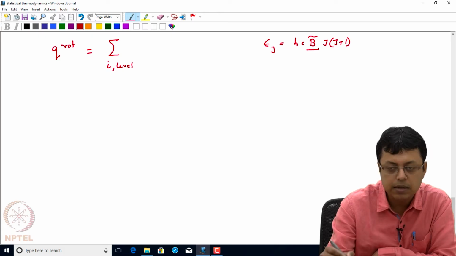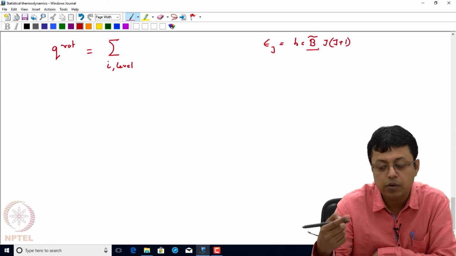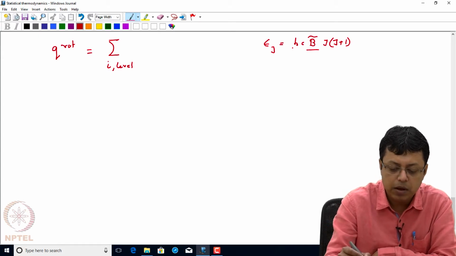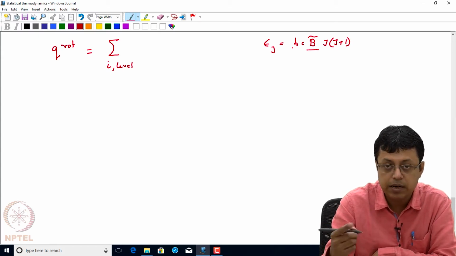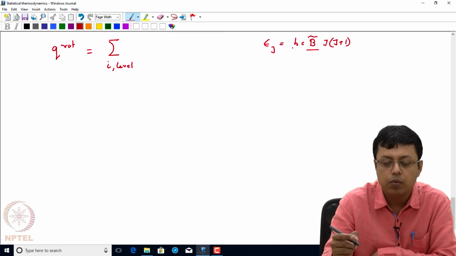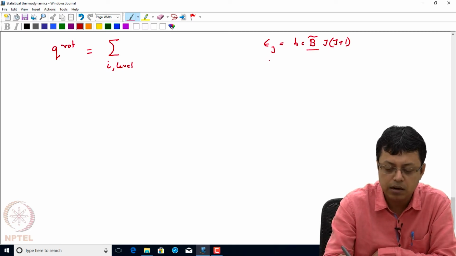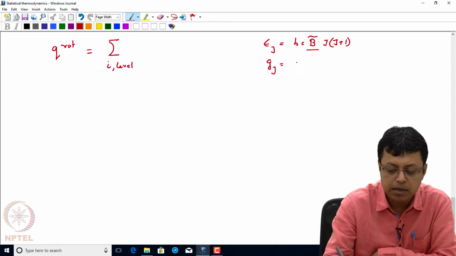This B̃ is called the rotational constant. The way we have written it, B̃ is expressed in units of wave number, so hc times the wave number unit is basically the energy unit. Now for any state with a J quantum number, the energy levels are 2J+1 fold degenerate.